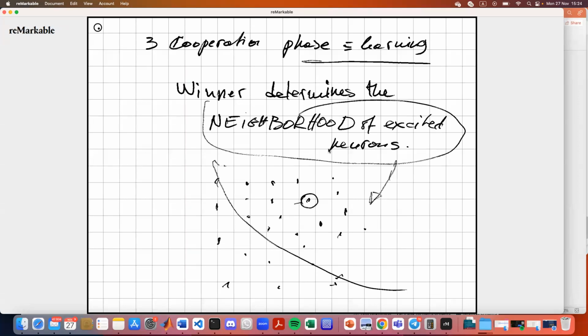Farther away nodes should be less affected by this input, so you need a decay function for the size of the neighborhood. These are the three phases of the algorithm.